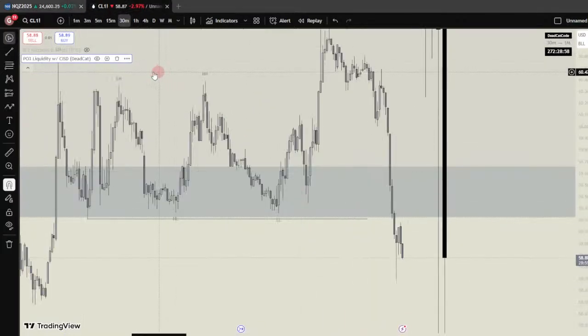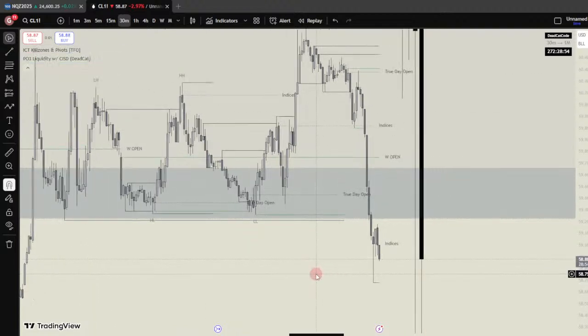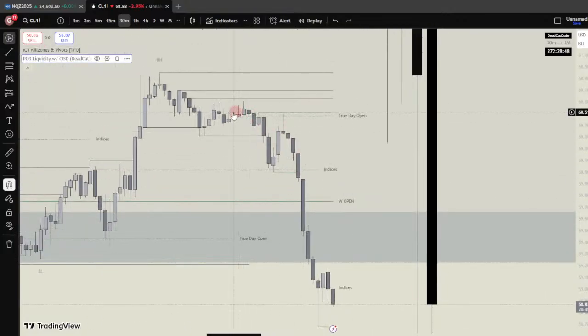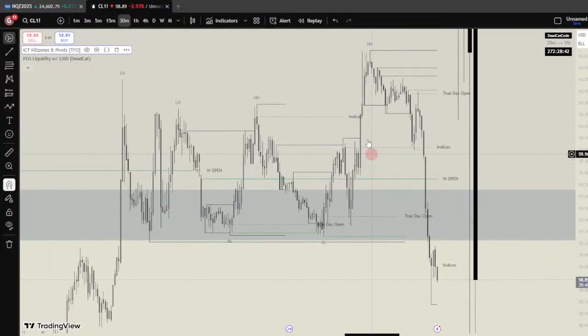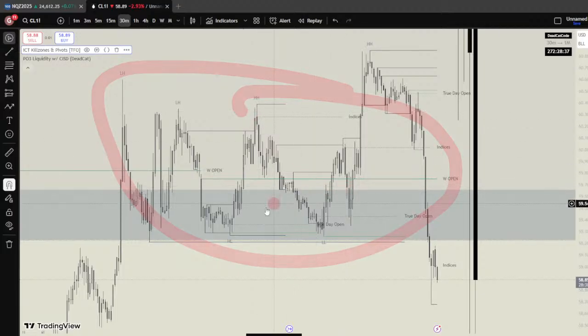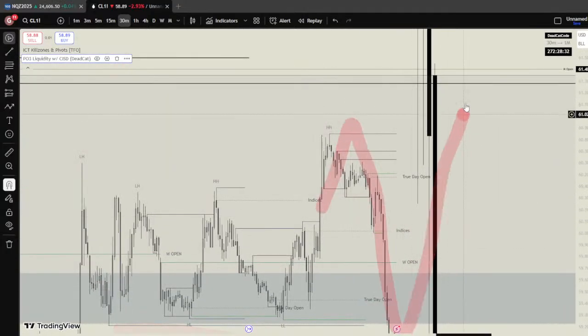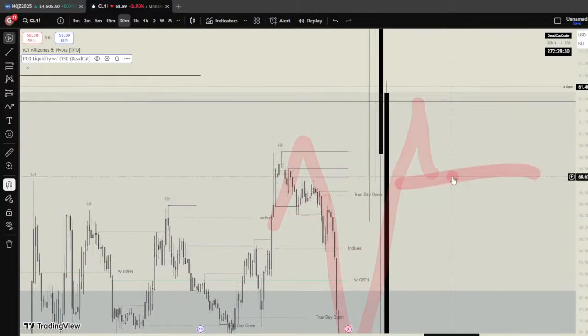As for CL, we're doing something sort of similar, right? As for our opens, we do have our true day open. Where is that? All right, yeah, so we do have our true day open all the way up here. We have a relatively bearish day to start hunting that liquidity level, I would say. I would say overall we're hunting that liquidity. We found it and we took it out, so I'd expect price to now sort of start to expand higher.